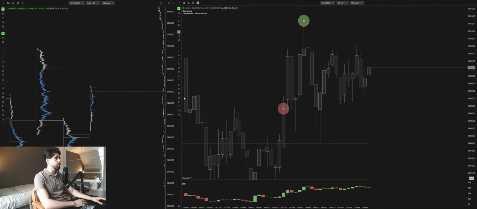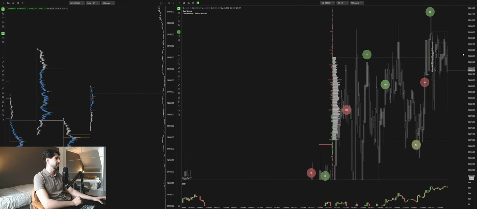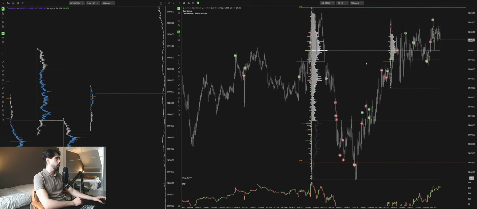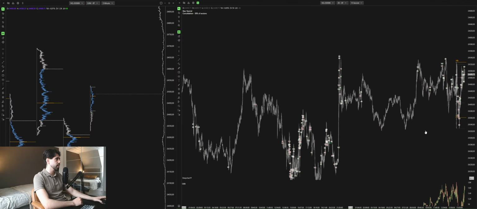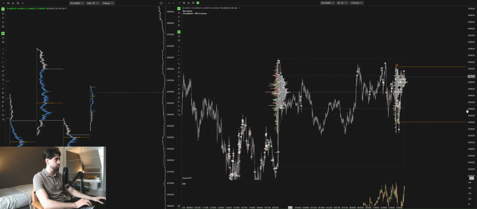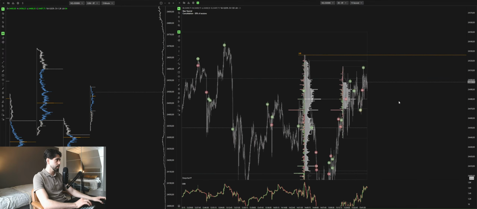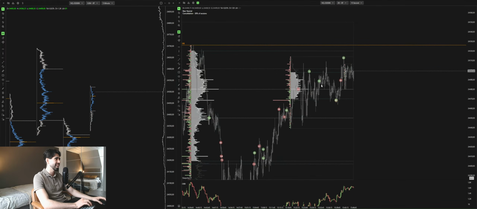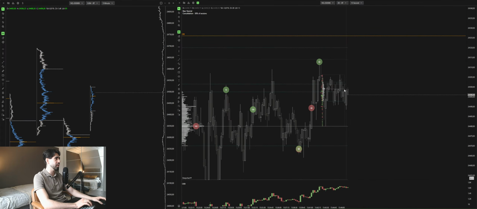Guys, we are ranging in a range and we're forming a range, okay? Holy shit, look at this. We are ranging. No, wait, go all the way down here, actually. We are in this range, and in this range.